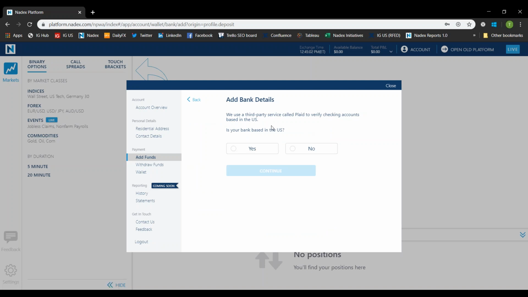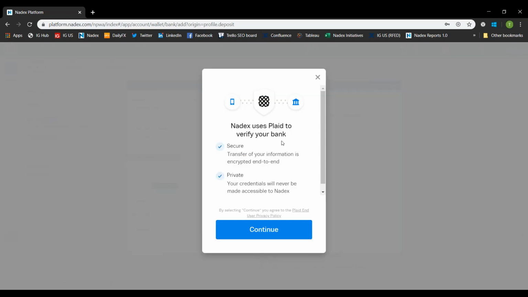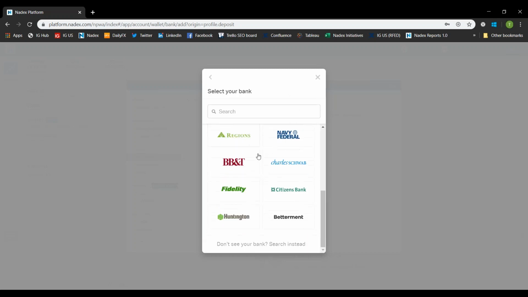But if your bank is in the US, it is so cool and so easy to use Plaid. You simply say yes, you click continue. If you didn't use Plaid, you may have to submit additional documentation to verify that account is yours. But if you use Plaid, it'll do all the verification for you, and you click continue, and we're connected.